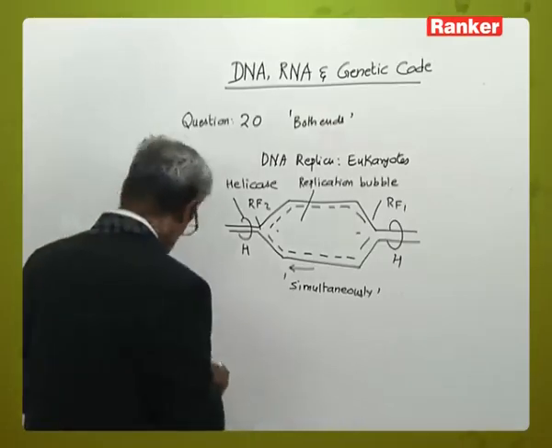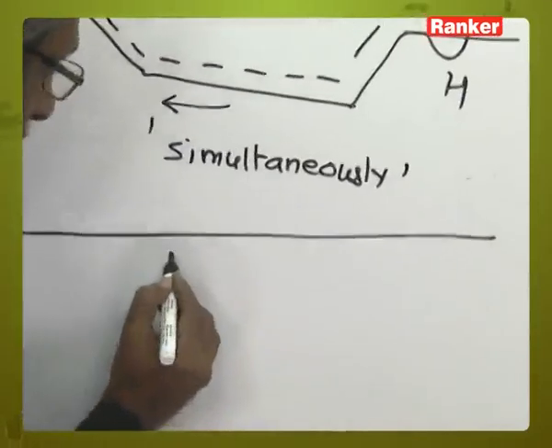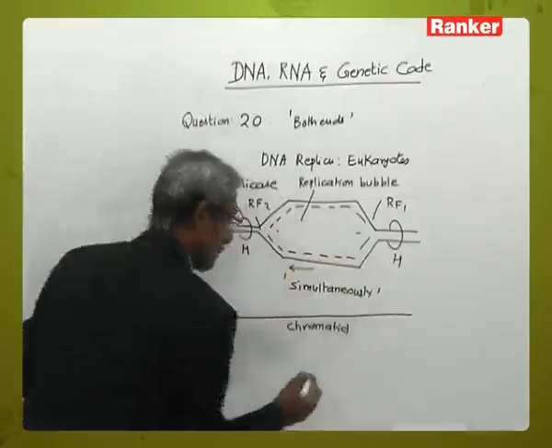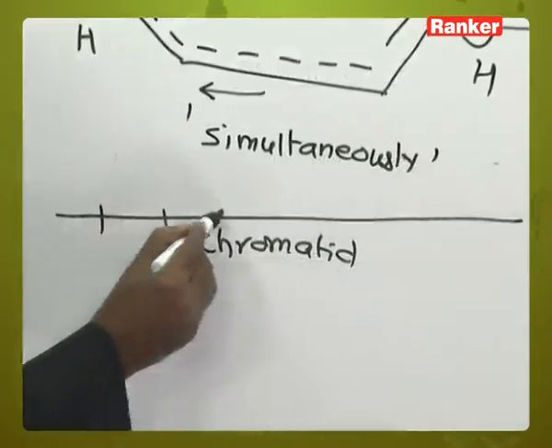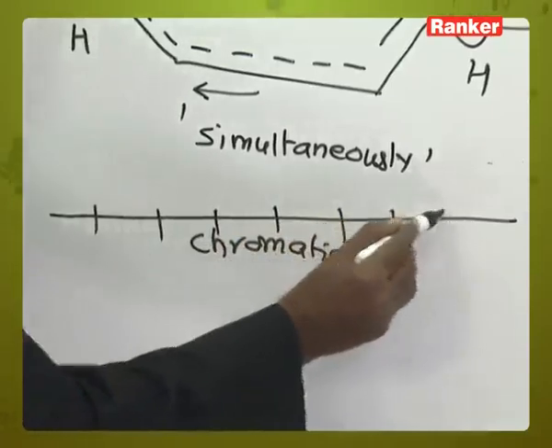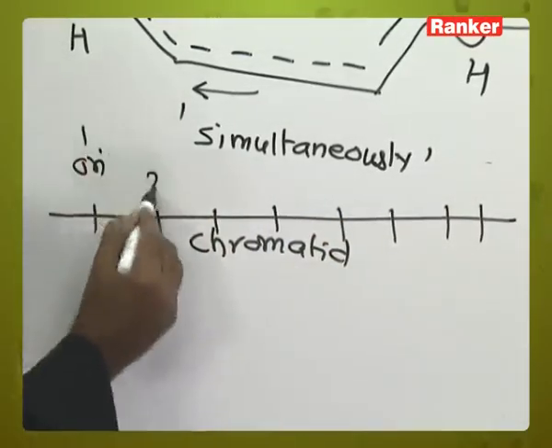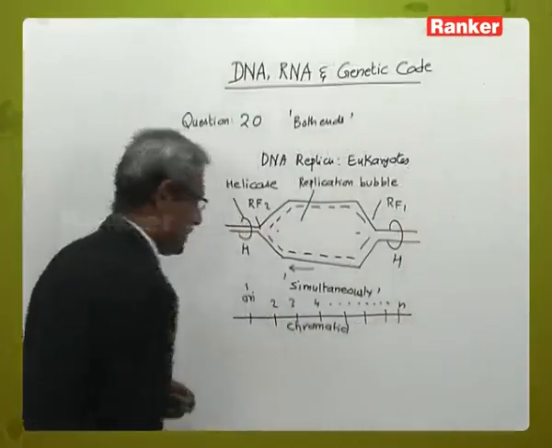When you take a chromatid, if you think this is the chromatid, on the chromatid there are several origins. ORI1, ORI2, 3, 4, like that. There could be n number of origins.